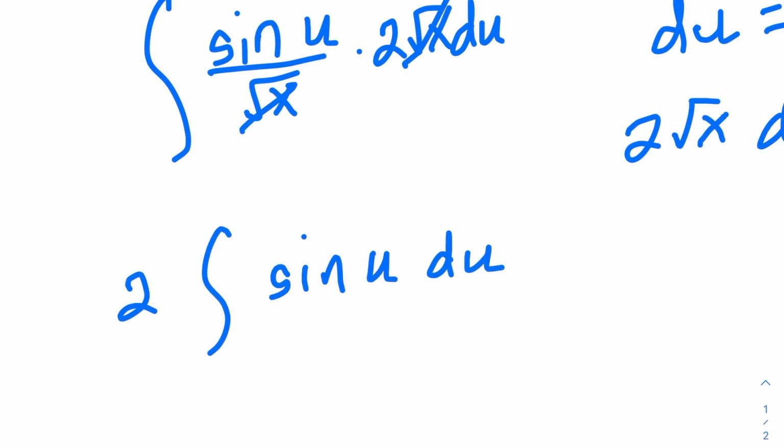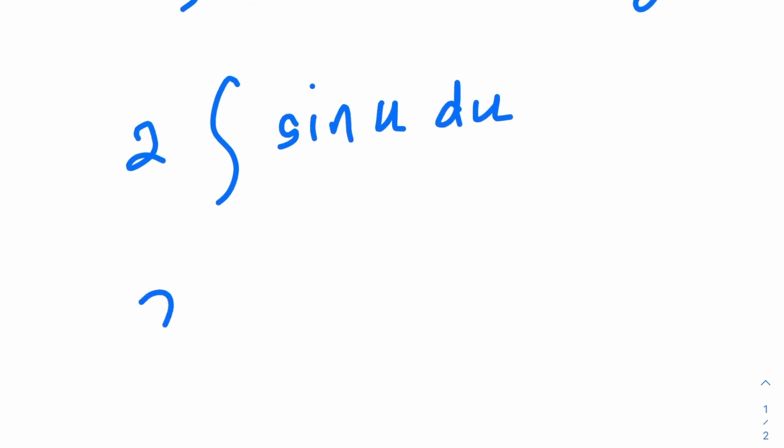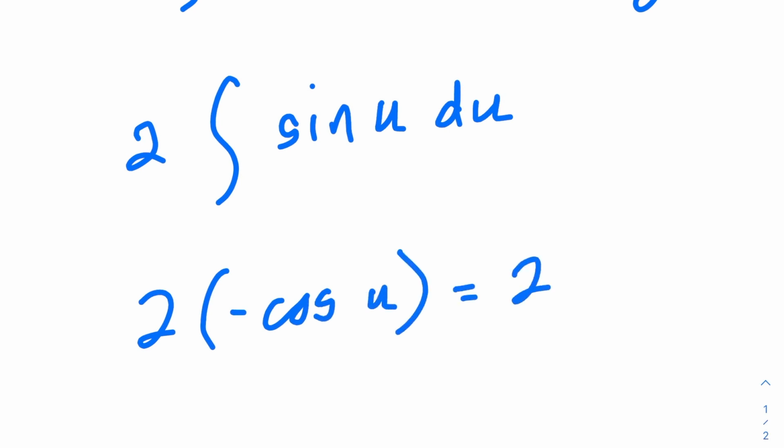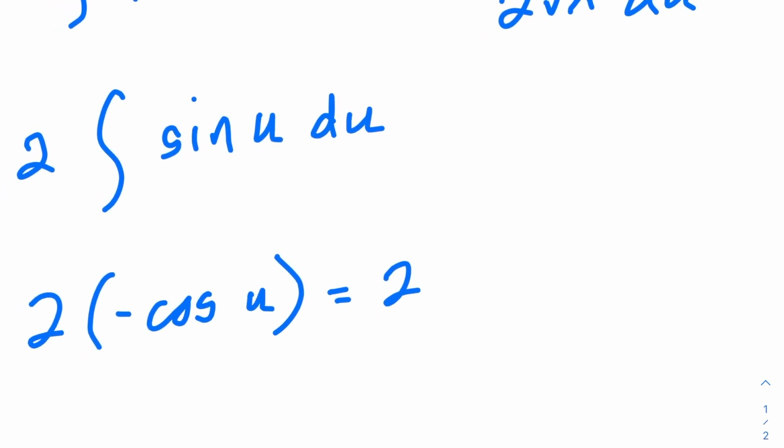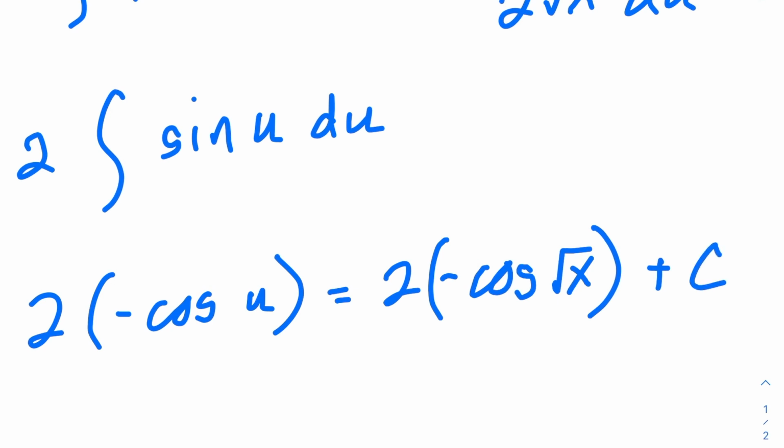And so what's the integral of sine? It's going to be negative cosine. So we'll have 2 times negative cosine u. And when we plug back in our u expression, it's going to be 2 times the negative cosine of root x plus c.